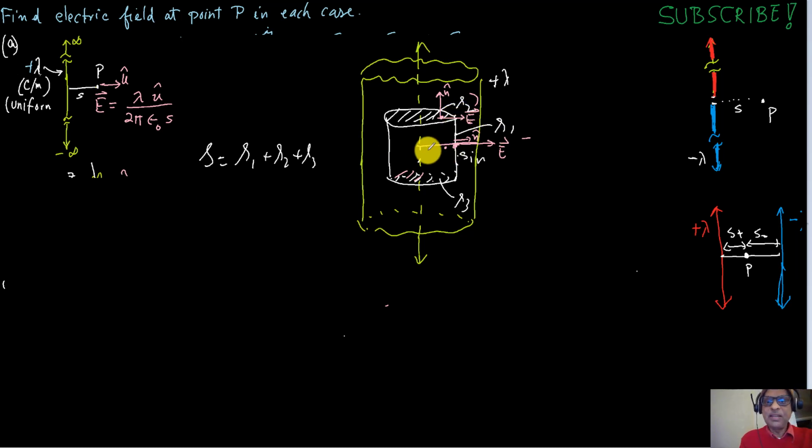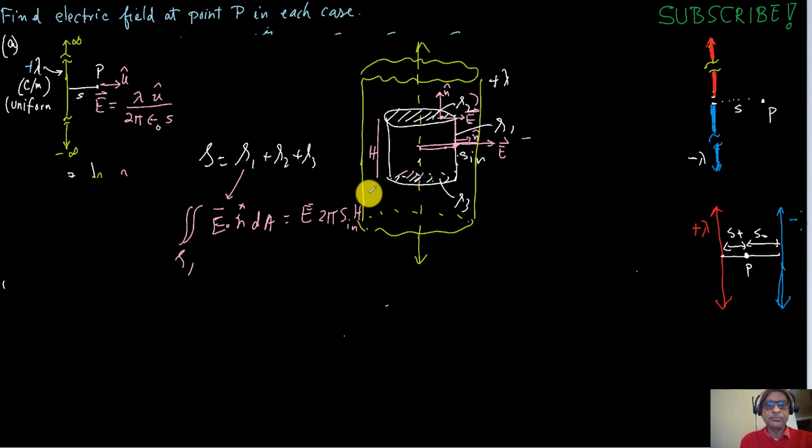The integration over S1 of E dot n hat dA gives me E times 2 pi s in times the height, say h, and the other two surfaces give 0.